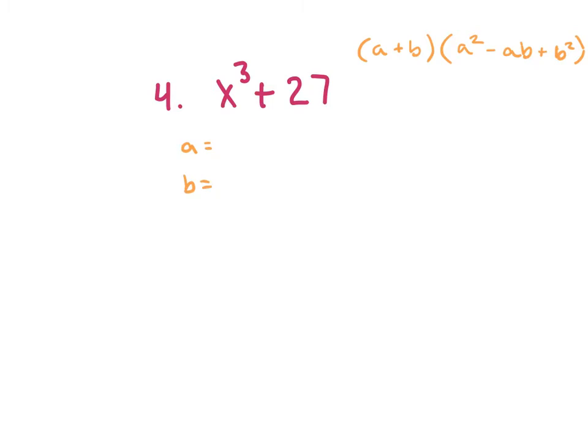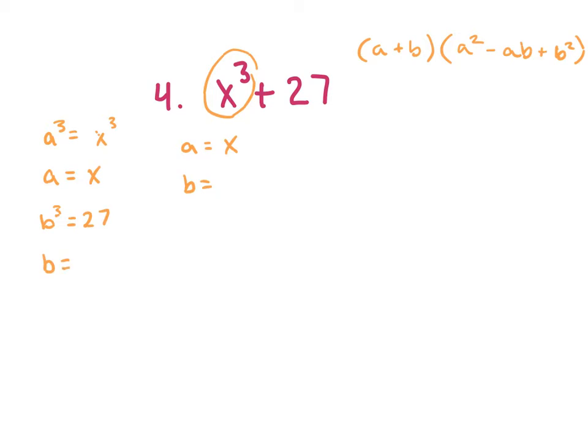So remember, a cubed is equal to our first term, which is x cubed. So then what's a equal to? Just x. And then b cubed is equal to 27, so what's b equal to? 3.